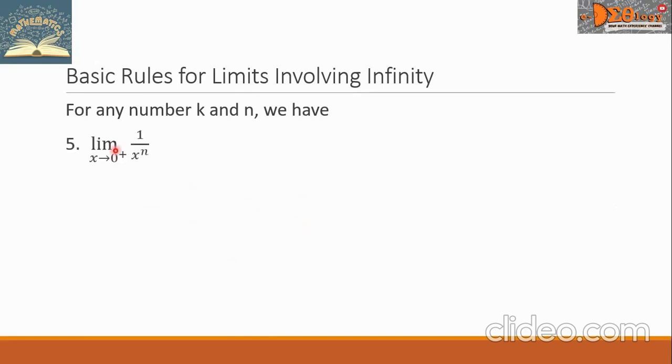Number 5. The limit of 1 over x raised to n as x approaches 0 from the right, the answer is positive infinity.